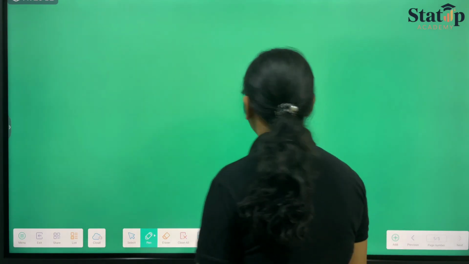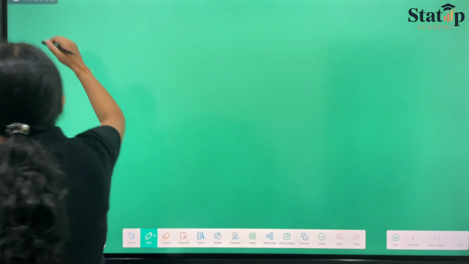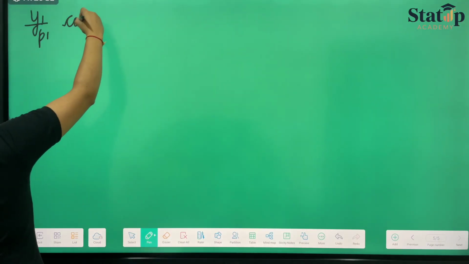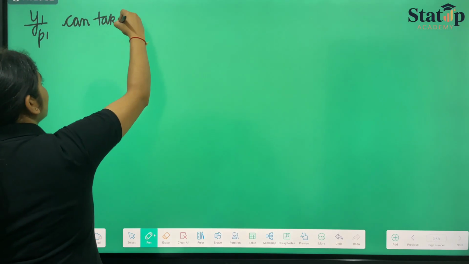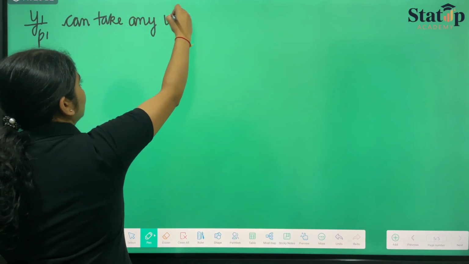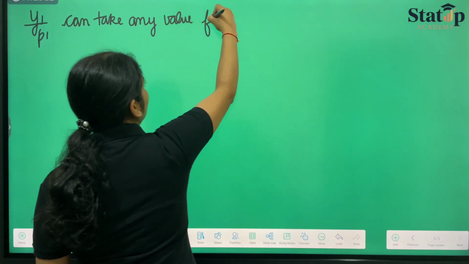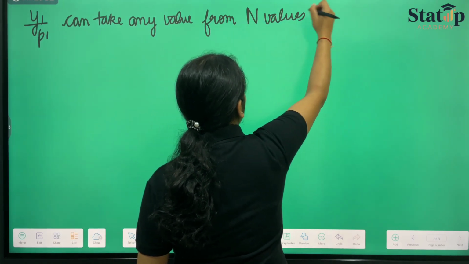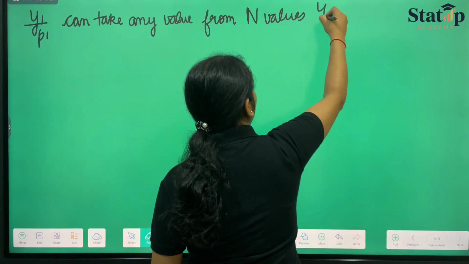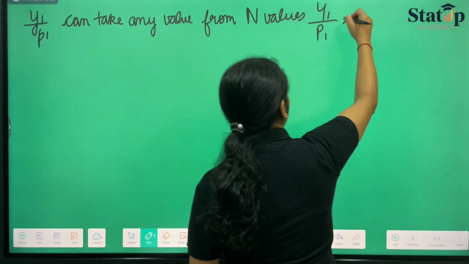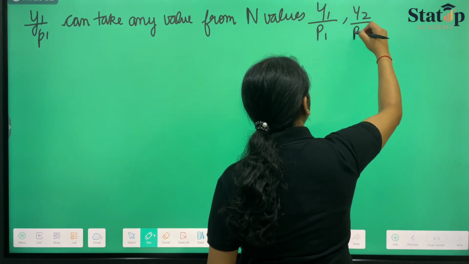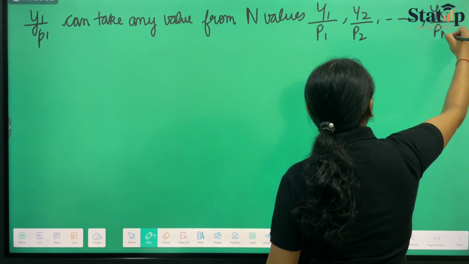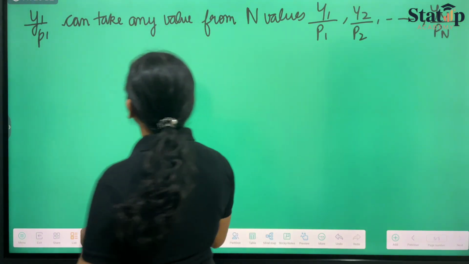Now this y1 upon p1 can take any value from the capital N values which are present. It can take y1 upon capital P1, that is the first unit, it can take y2 upon capital P2, or it can take yn upon capital Pn.